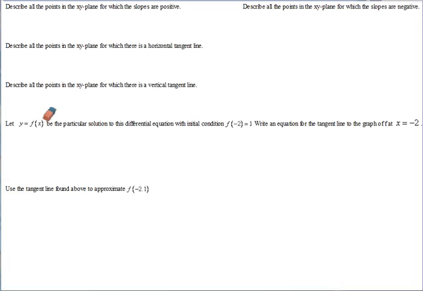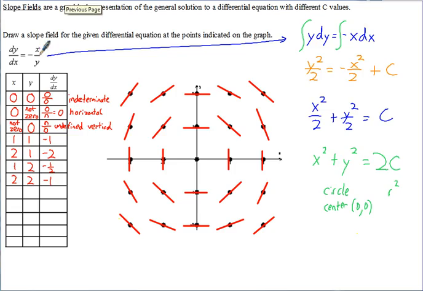So the next part says describe all the points in the xy plane for which the slopes are positive. So basically we want dy/dx to be greater than 0. So if we look back at the equation, in order for this to be positive, greater than 0, what would have to be true? Well, either the x or the y would have to be negative, less than 0, to cancel out this negative, and the other one would have to be positive.